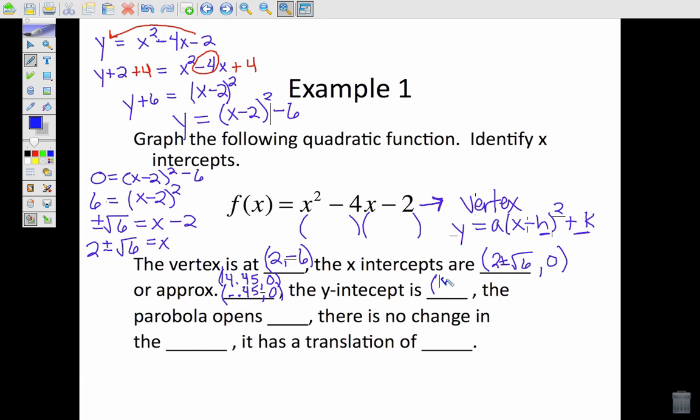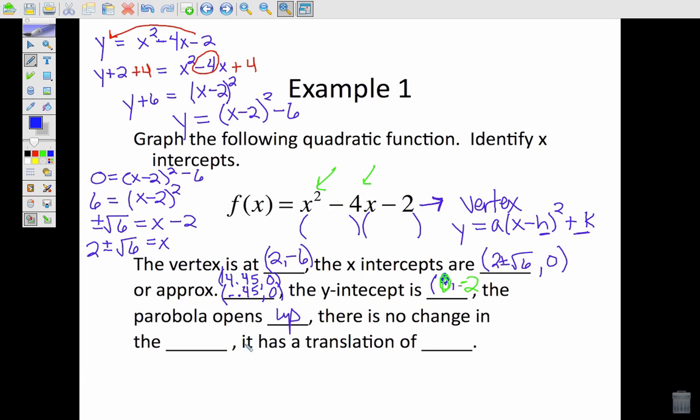All right, my y-intercept. My y-intercept is when x equals 0, and we can actually find that from the very original equation by putting 0 in for this expression. Put 0 in here, put 0 in there, you get negative 2. So my y-intercept is (0, negative 2). Okay, the parabola opens up.